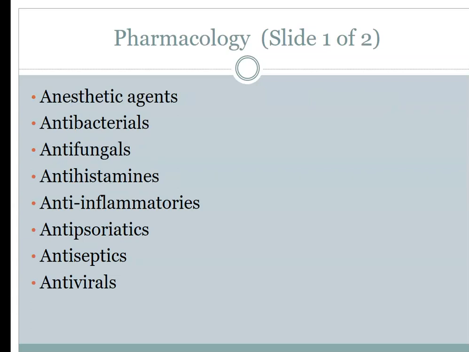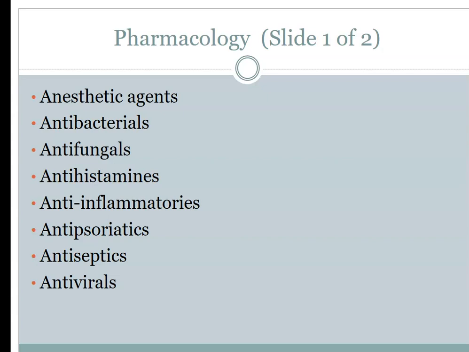Your pharmacology. Anesthetic agents, which cause loss of sensation, are topically applied. The anesthetic agent acts locally on the infected area. Antibacterials prevent and treat bacterial growth. Antifungals treat fungal infections. Antihistamines suppress the allergic responses to reduce itching, redness, and swelling.